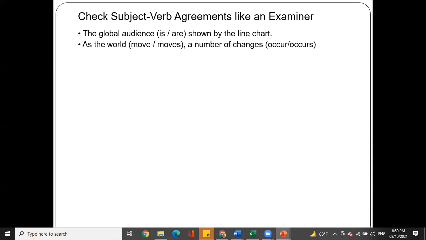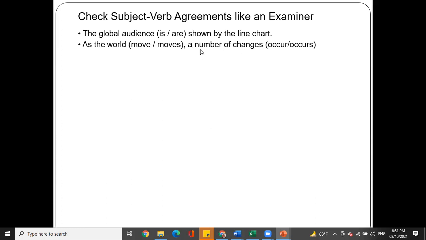As the world moves, a number of changes occurs. What's the answer? Moves. Where's the subject here? A number of changes. It's an it, so occurs.